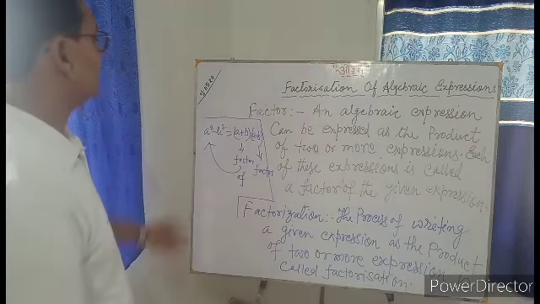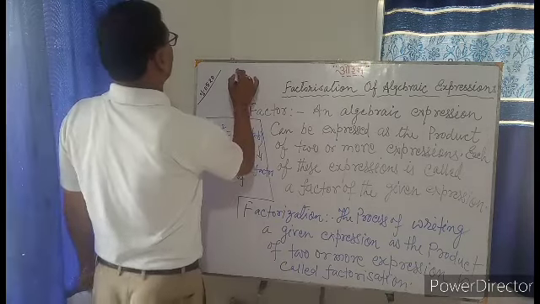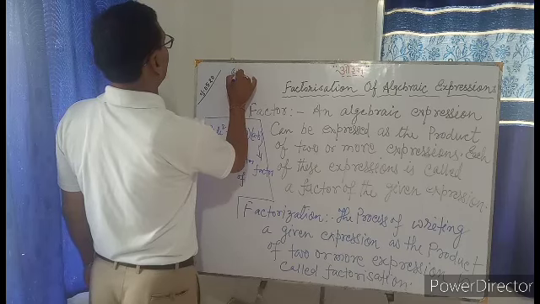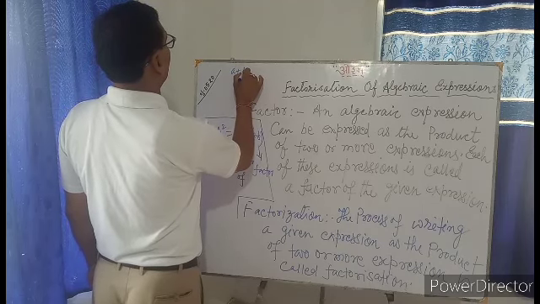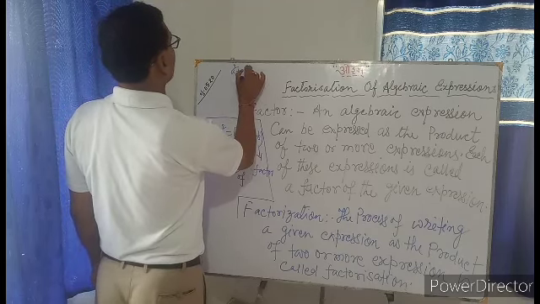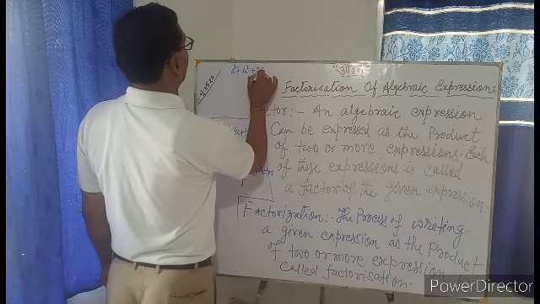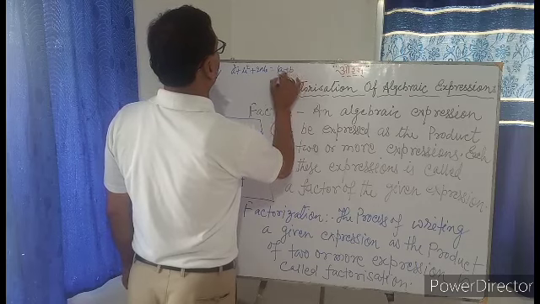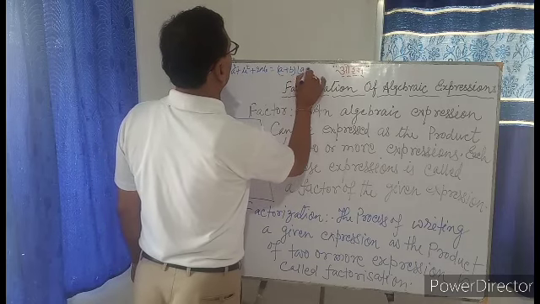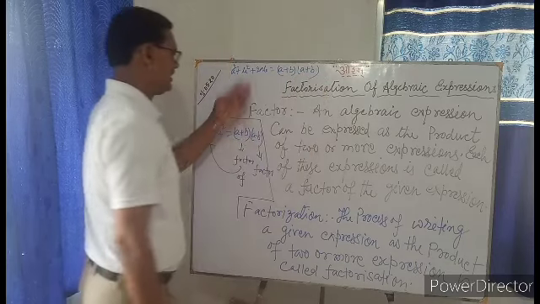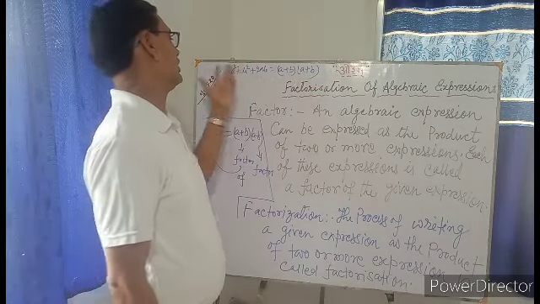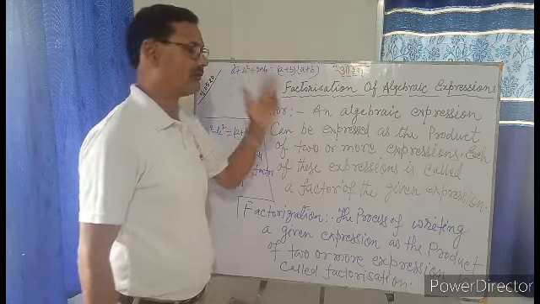Have all understood? Similarly, a square plus b square plus 2ab can be written as a plus b into a plus b, that is a plus b whole square. a plus b whole square is equal to a square plus 2ab plus b square.